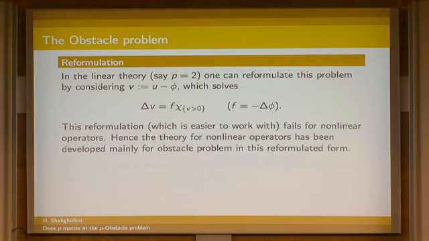So this holds only on the set where v is positive. It tells you that if you don't touch the obstacle, then your u will be a solution. If you touch it, it will be that function, of course. If you take the difference, it will be the Laplacian of this minus the Laplacian of this, and that's exactly what it is. So you see, everything is written like a package in one equation, and it's much easier to work with.